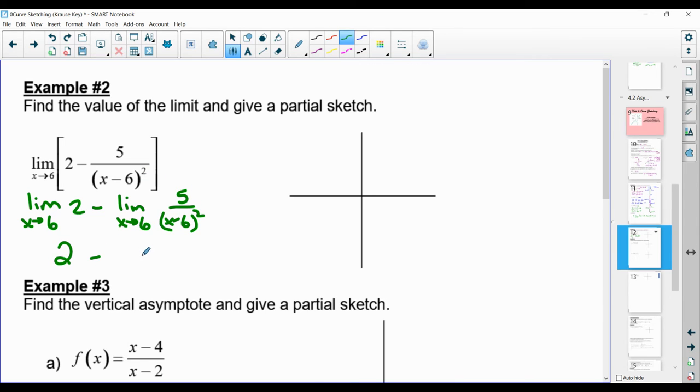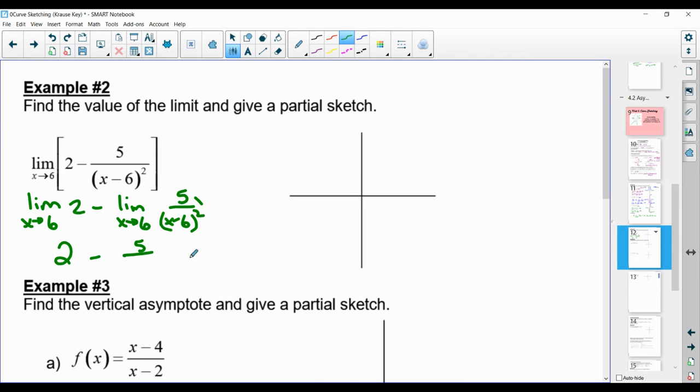Now, if I were to plug in any number here that's approaching 6, that's going to give me 5 over any number approaching 6.